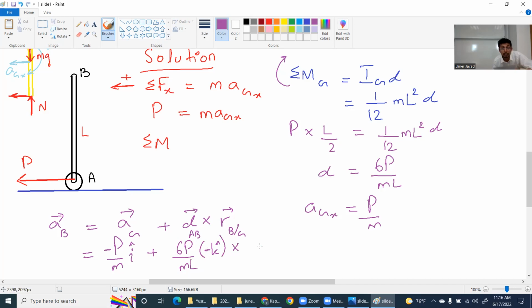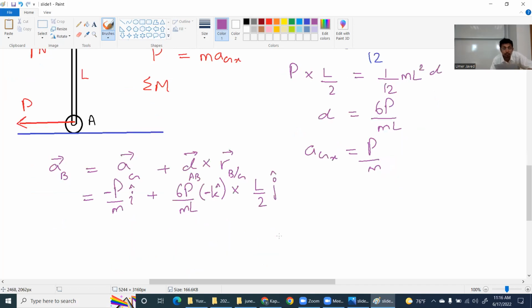Position of B with respect to G is L by 2, B with respect to G is L by 2 j. Correct? So I don't know, why don't you do it and tell me whether you are getting minus P by M i.